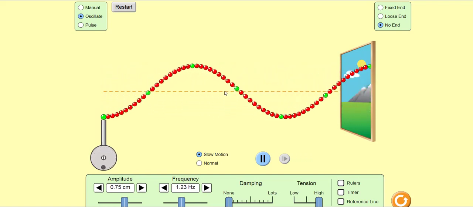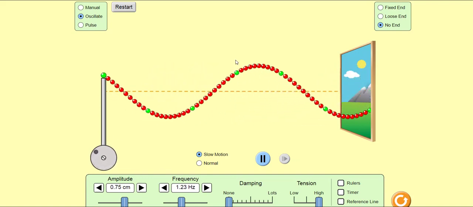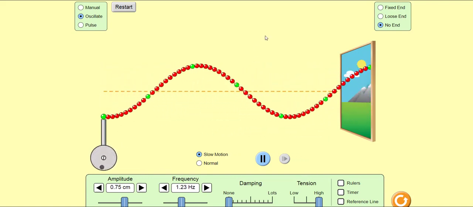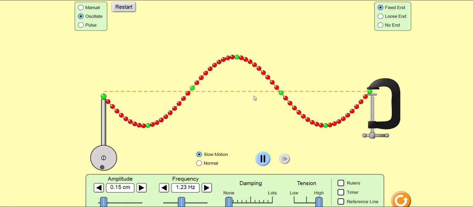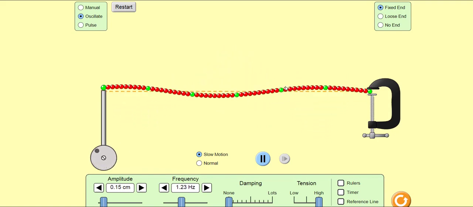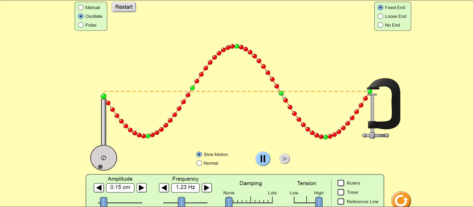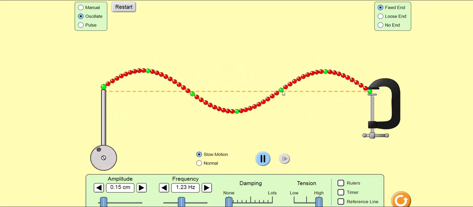It's just that the particles may be oscillating out of step or out of phase with each other. Now if we look at a stationary wave, if we look at the nodes, again recall that they're points of zero displacement throughout, so there's no motion there.